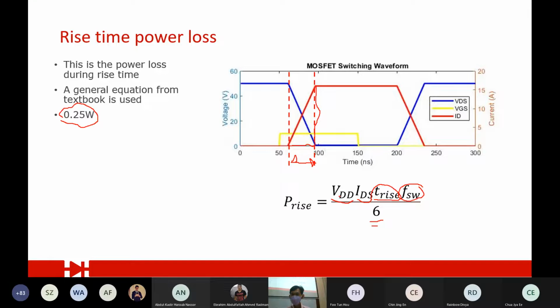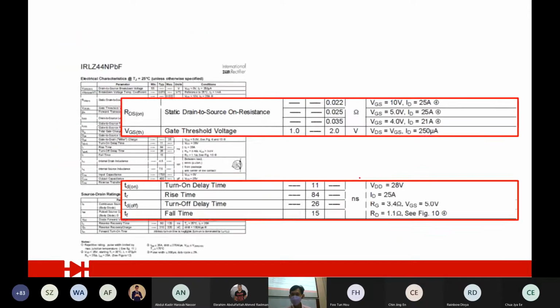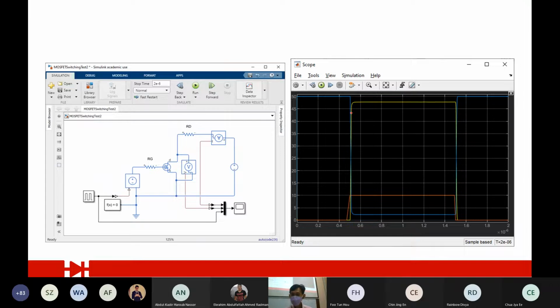Because it is not a pure triangle; if you confirm it is a pure triangle, you just take the voltage and the current divided by 2. But it's not, because even when I use MATLAB to simulate, you can see in the rise time there is a small little curve here. Even the one that goes down has some curve. So it's not a pure triangle.